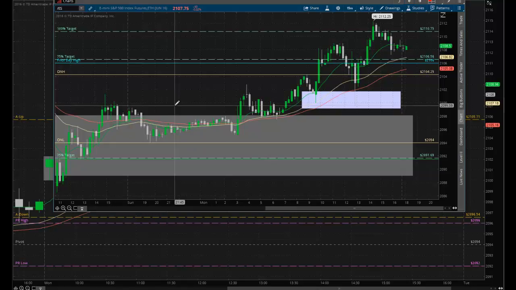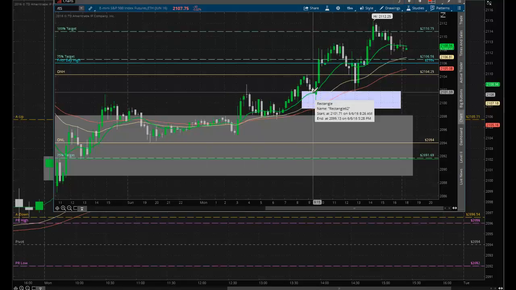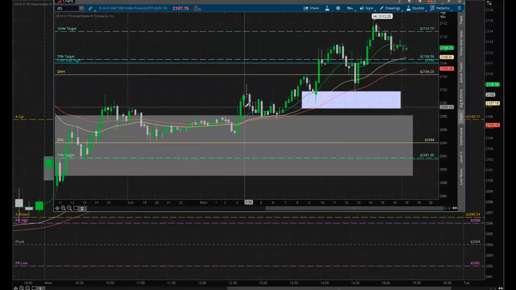And you take the close of the overnight session, which was 2101.50. You create a pivot range out of that overnight action and find out where the market participants from the overnight action are. And this is showing you that this area right here should be support.